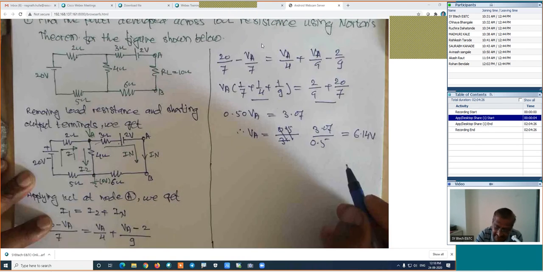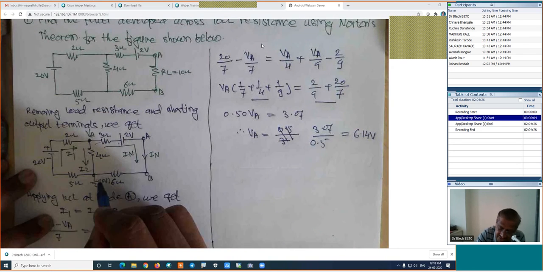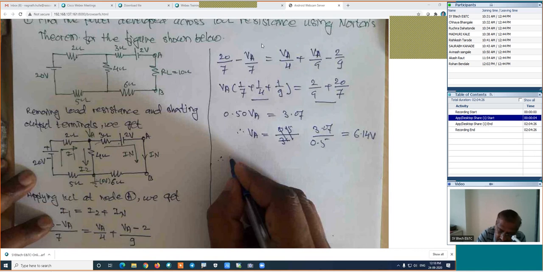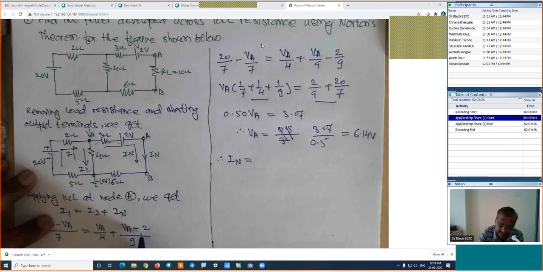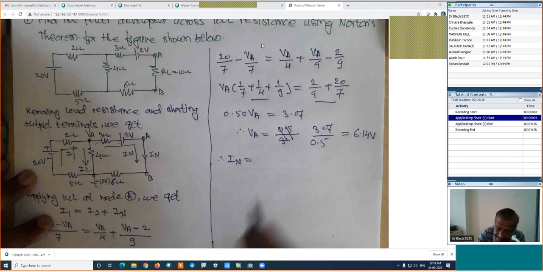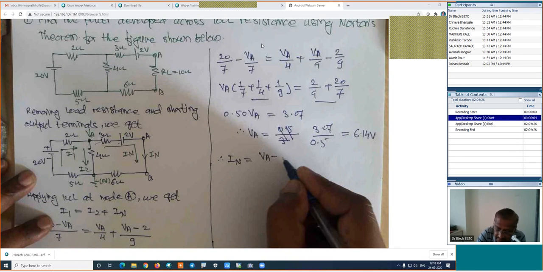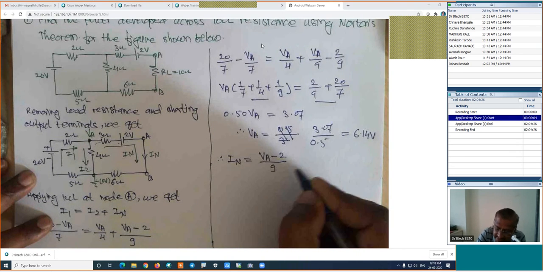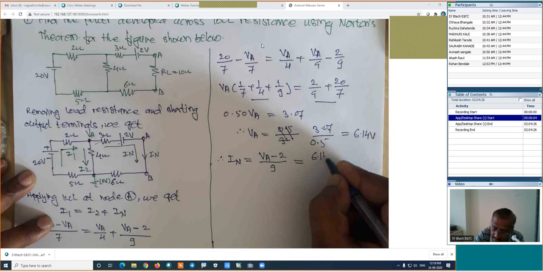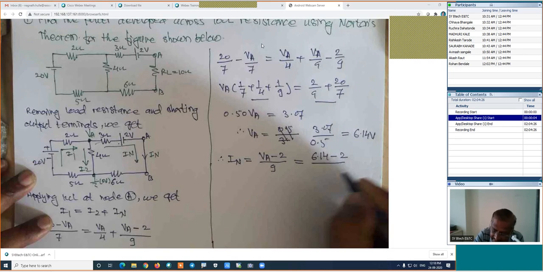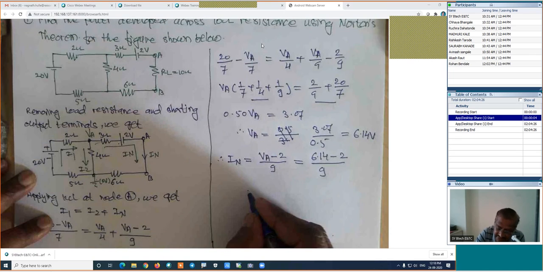If we know VA, what are we interested in? We are interested in this current, which is IN. Therefore, the Norton's current is equal to VA minus 2 divided by 9. Means it is 6.14 minus 2 divided by 9 is IN, which is equal to.